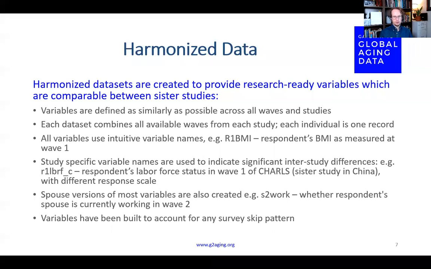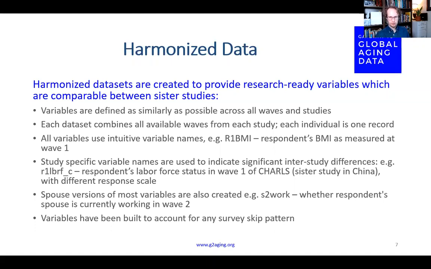We've included that underscore C to mean that it's CHARLS specific. That's because the labor force categories used in CHARLS were different than in the other sister studies, because they're particular to the labor context of China. So sometimes there are study differences which occur, but it's really important to still include them.